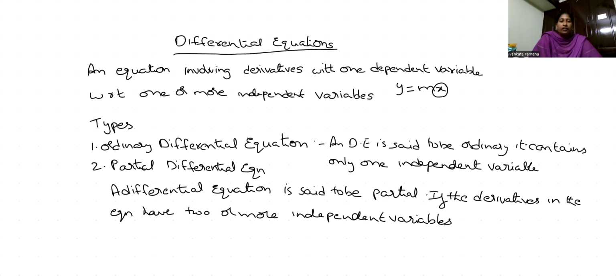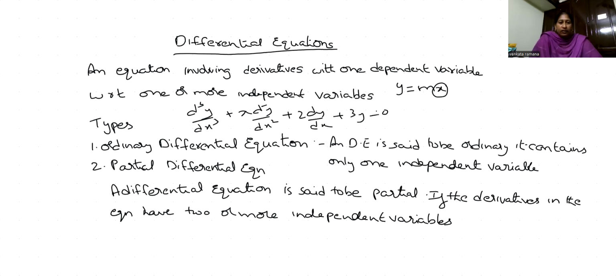So an equation containing derivatives is like this: d cube y by dx cube plus x into d square y by dx square plus 2 into dy by dx plus 3y is equal to 0. So this is a differential equation.